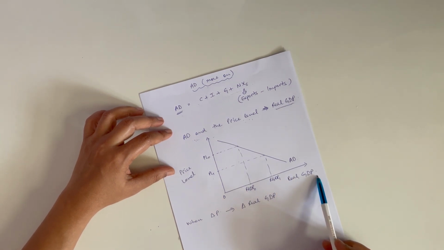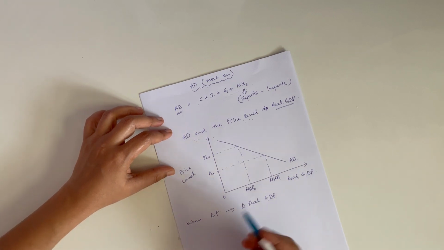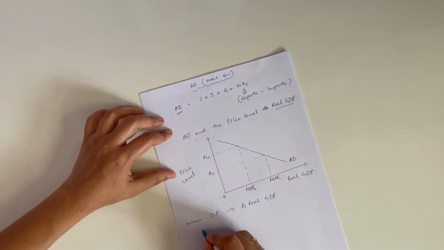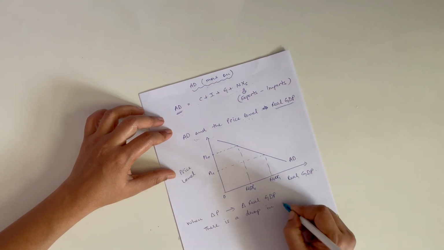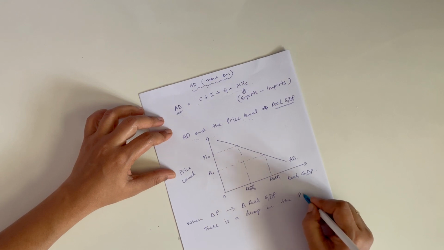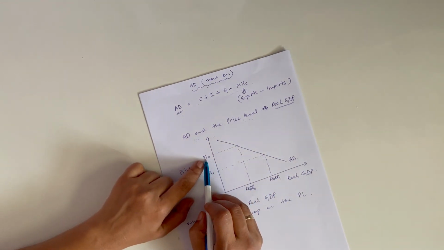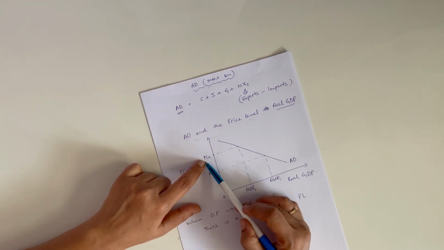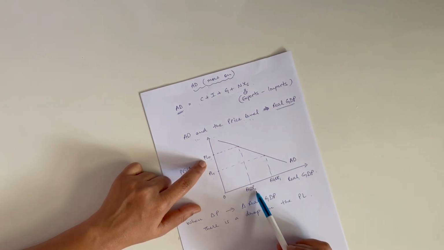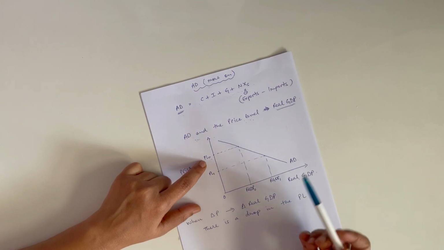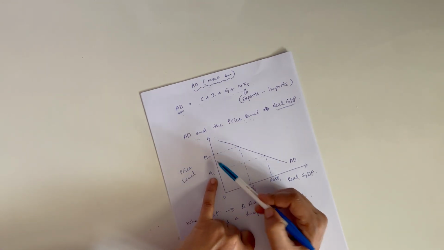Do you understand this? Okay, now let's assume that there is a drop in the price level. So when my price level was PL0, my real GDP was RGDP0, right? Now there's a drop.